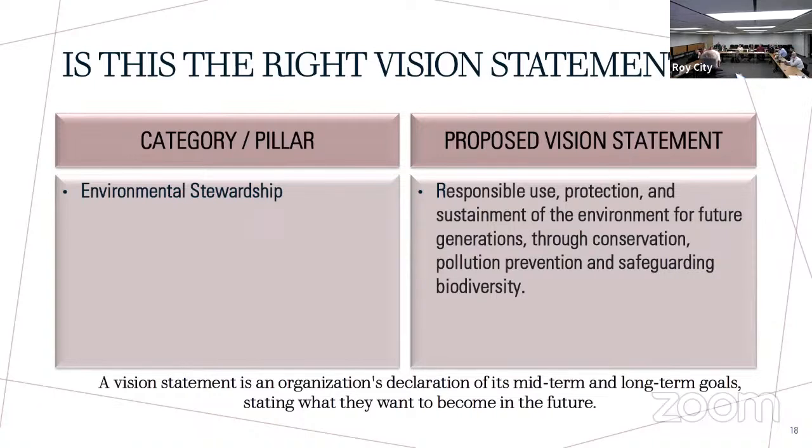Okay, so do you feel comfortable? I'm sorry, Glenda, you had a comment. My comment is just, this seems kind of flat. I mean, should we make the statement more active, like responsibly protect, use, etc., instead of responsible use and protection? Change the tense in the vision statement to a more active, doing tense.